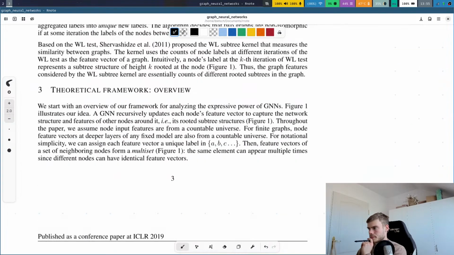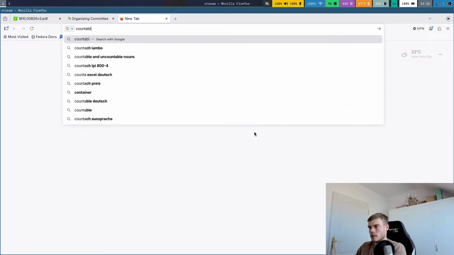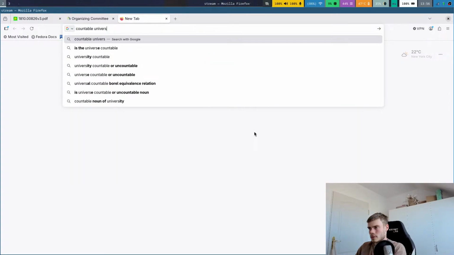We'll see. Throughout the paper, we assume node input features are from a countable universe. Okay. For finite graphs, node feature vectors at deeper layers of any fixed model are also from a countable universe. What do they mean by a countable universe?